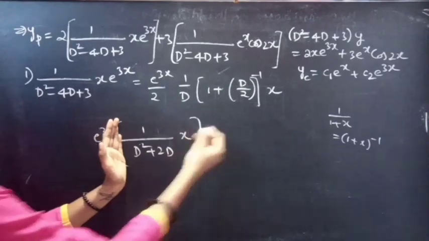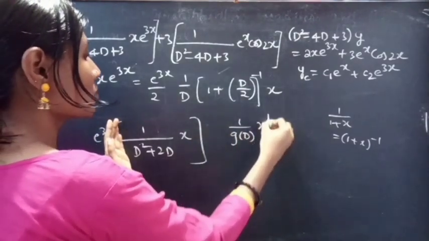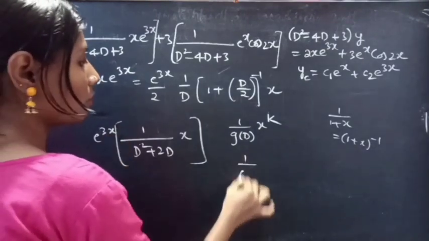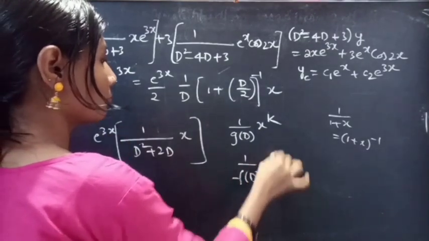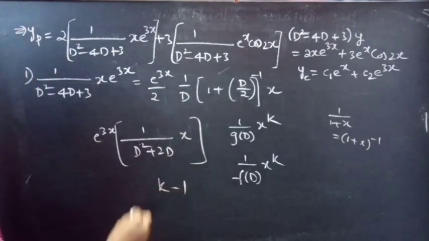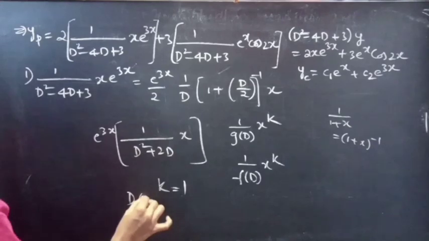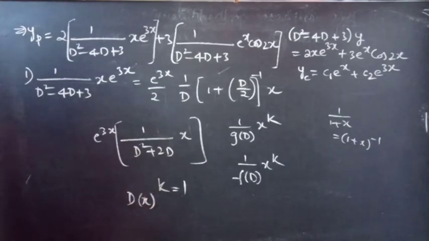And this is of 1 by some function of D into x power k form, and we know that 1 by f of D into x power k, right? Here for k equals 1, we'll get derivatives of x for only D, okay?